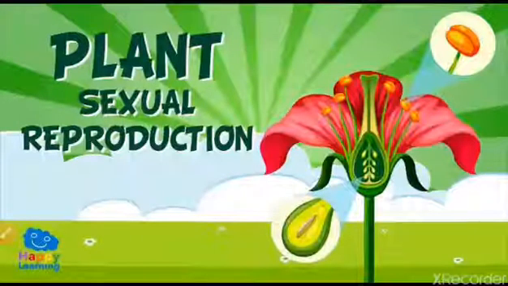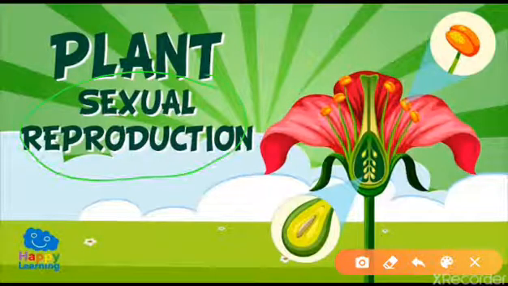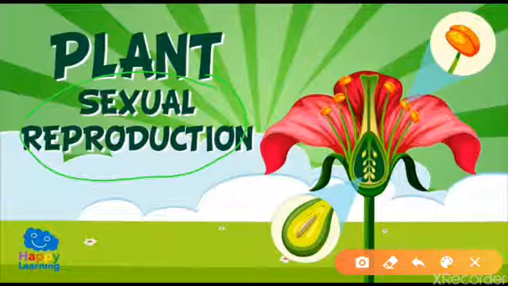Before starting this chapter, I would like to explain to you all about sexual reproduction. What does sexual reproduction mean? In asexual reproduction, it was a process of reproduction without involvement of any gametes, with just one parent producing.